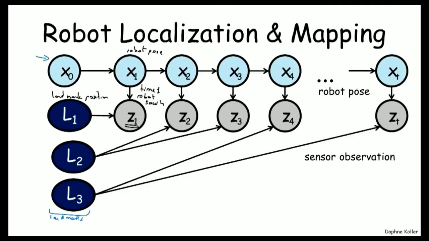And here at time 2, we have that the robot saw landmark 2. So we have this dependency over here. And at time 3, the robot also saw landmark 2. So you have 2 observations for the same landmark. In here, I didn't draw the fact that you could actually see the same landmark. You can see more than one landmark at a given point in time, but that also is easy to add in.